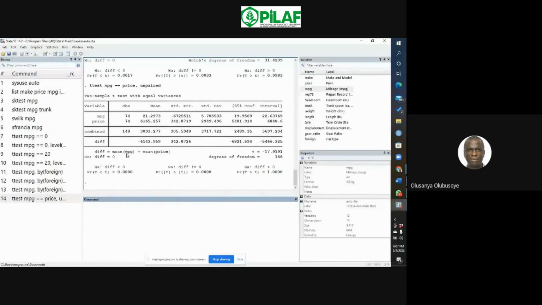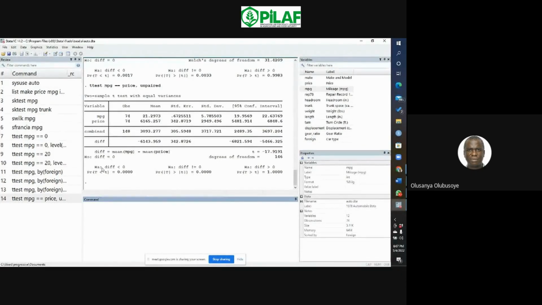So as I said, this test is saying there is no difference between the mean of MPG and the mean of price. And if there is no difference, it means that the difference will be equal to 0. Based on this, if you use this null hypothesis, then you are going to reject the null hypothesis.